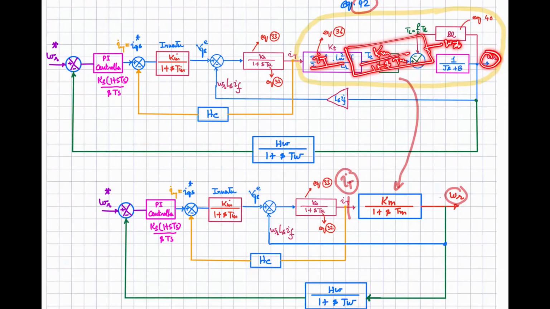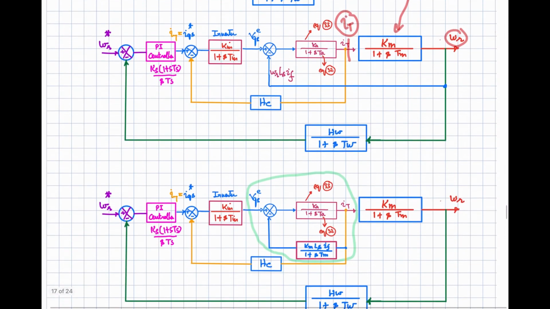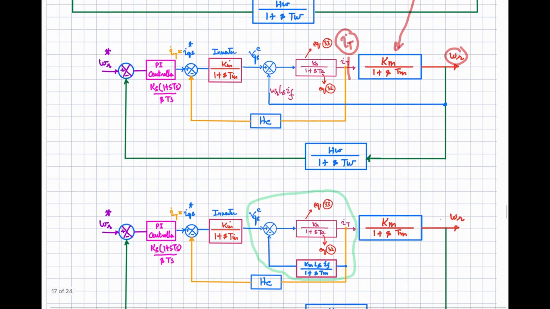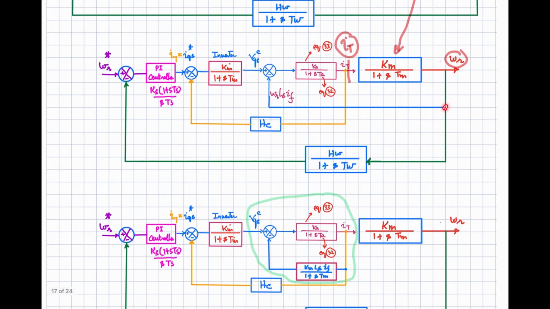So omega r is over here, IT is over here. So this loop can be represented with this one. So your control diagram will be simplified. Now, once you have simplified this one, now you can move back this point from here to here. So if you are going to move it back, you will have to incorporate this transfer function right over here.